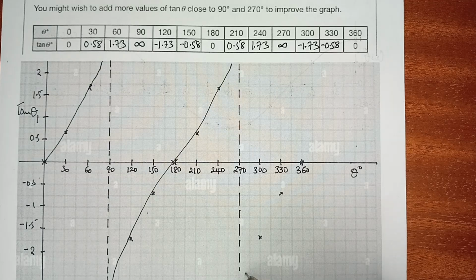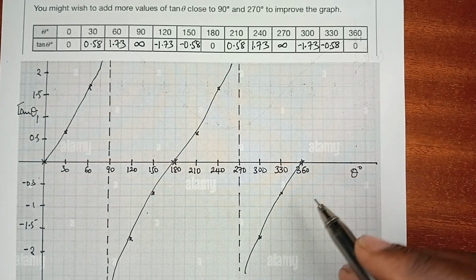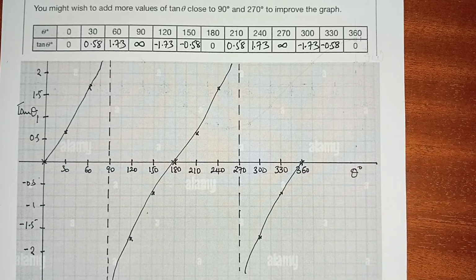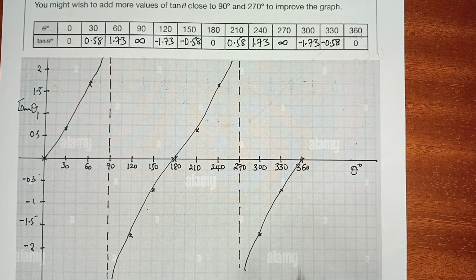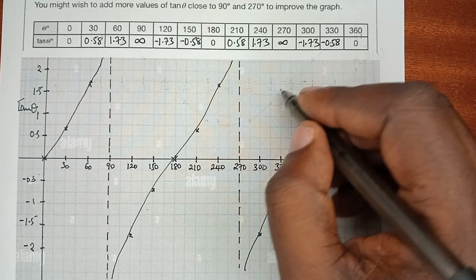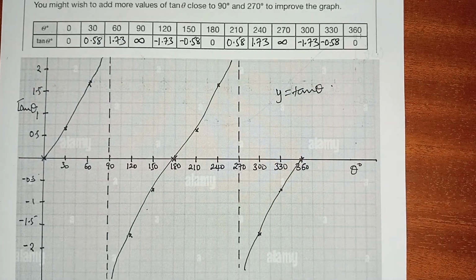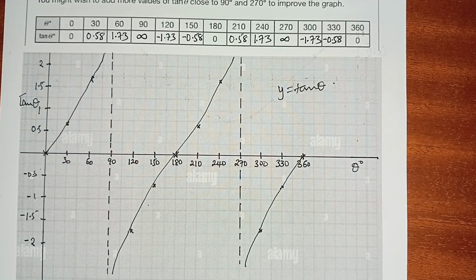That is the graph. This one is also coming from very far. It means if you proceed now beyond 360 degrees, you will have the graph that just resembles this way. And as you can see, this is the graph of y is equal to the tangent of theta. And that is what we are expected to do.